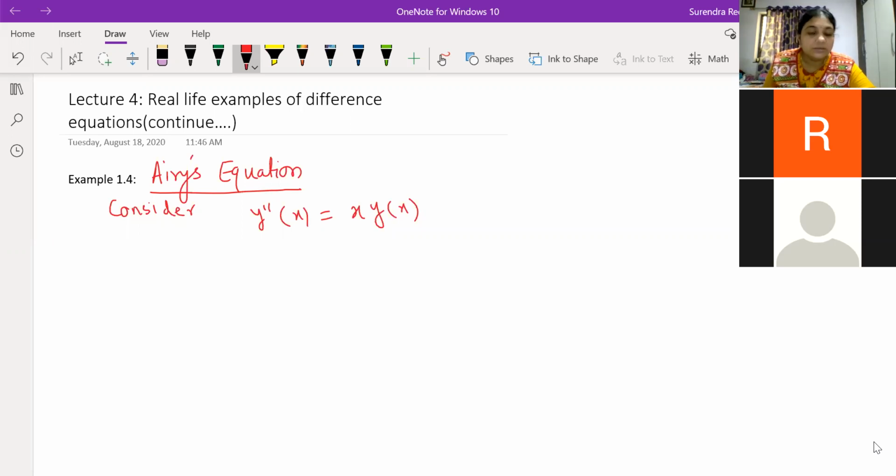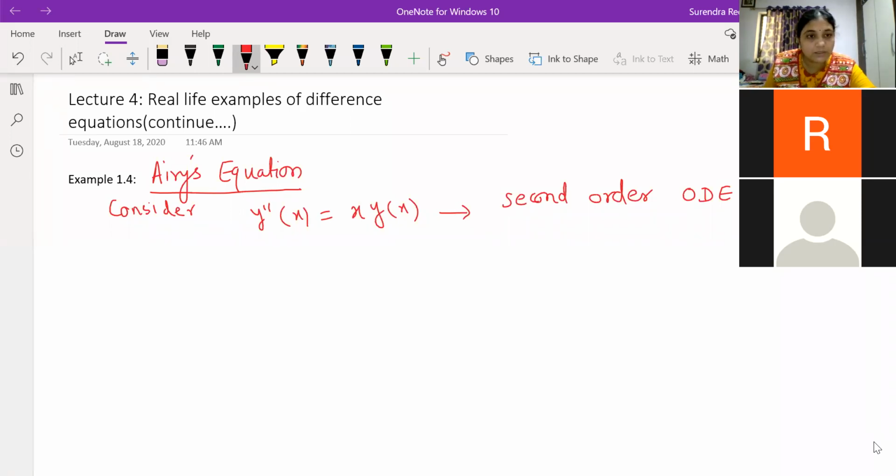Which type of differential equation is it? A second order ordinary differential equation, right? It is a second order ODE. It is not one with constant coefficients, otherwise we might have solved it easily. So I will use the power series solution method here.